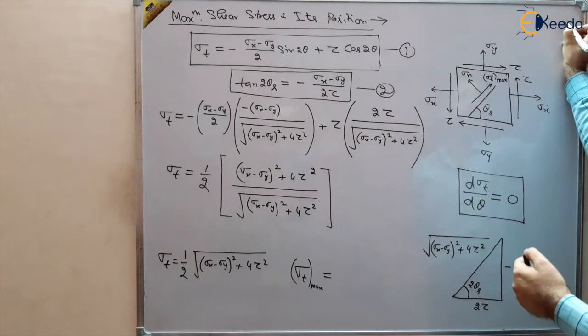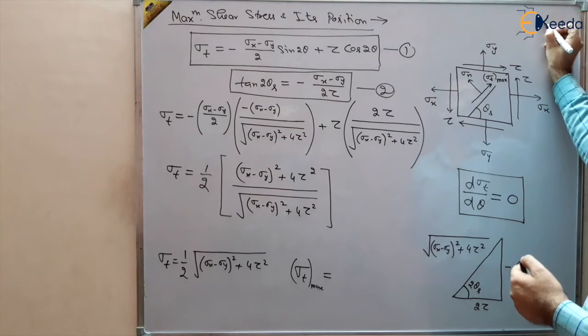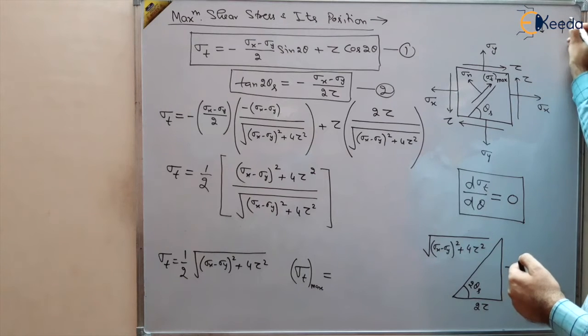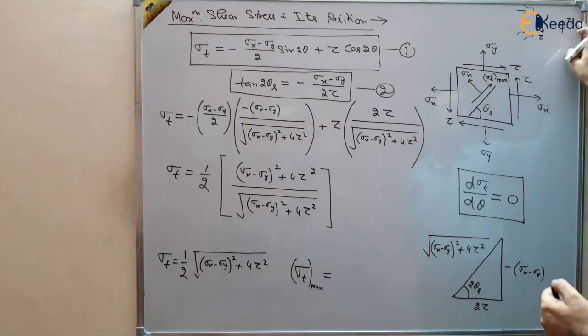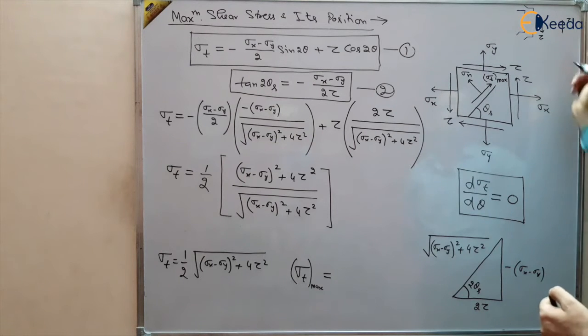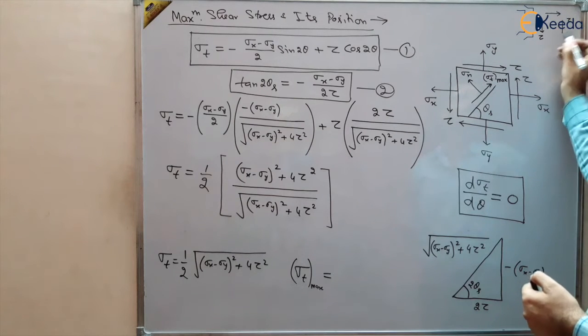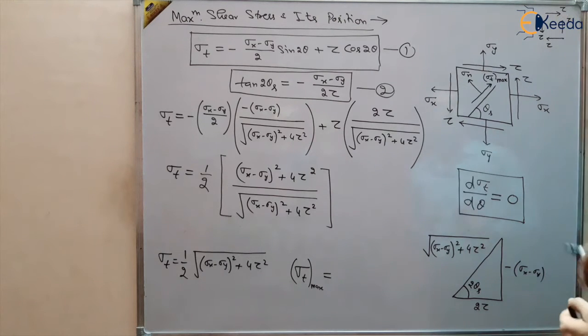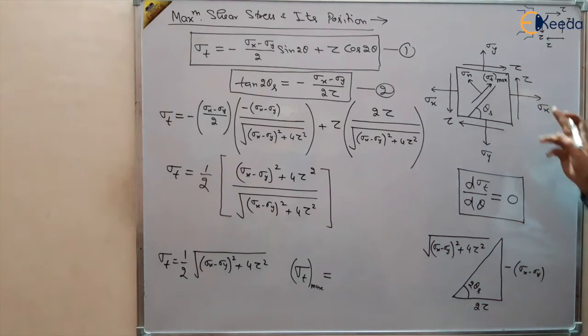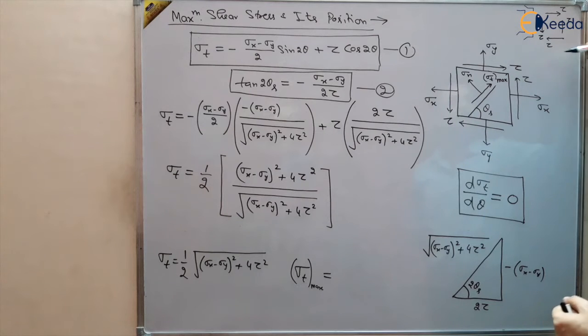So you can see here this is one couple, tau multiplied by area, which makes an anti-clockwise couple, and this is making another couple which is clockwise, right? So one of the couples we can take negative and one we can take positive. So let us take this anti-clockwise couple to be positive and the clockwise couple to be negative, right?